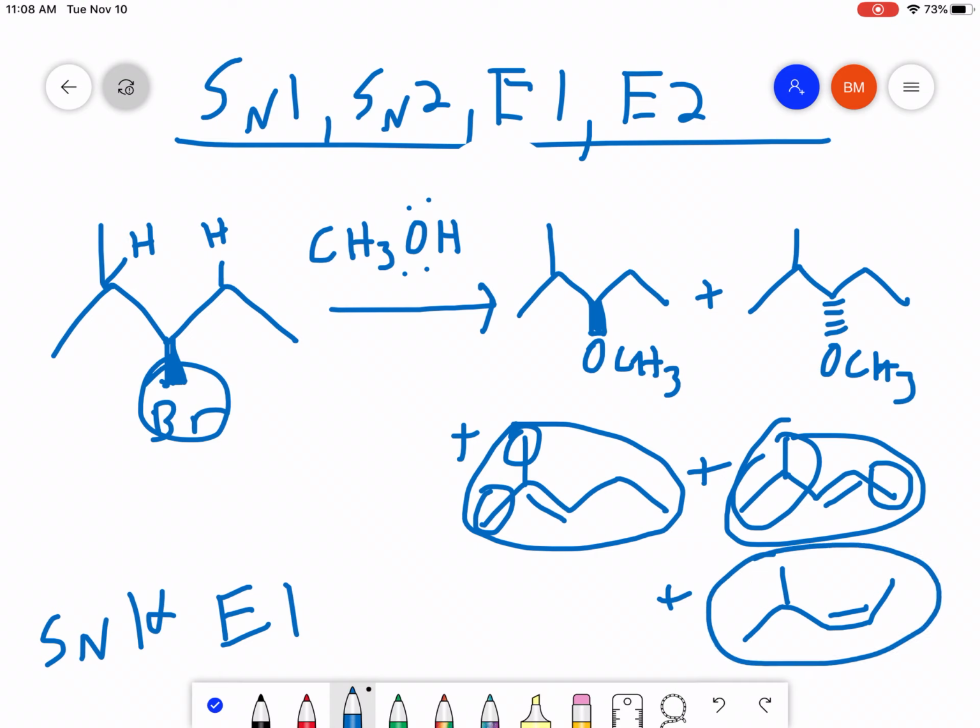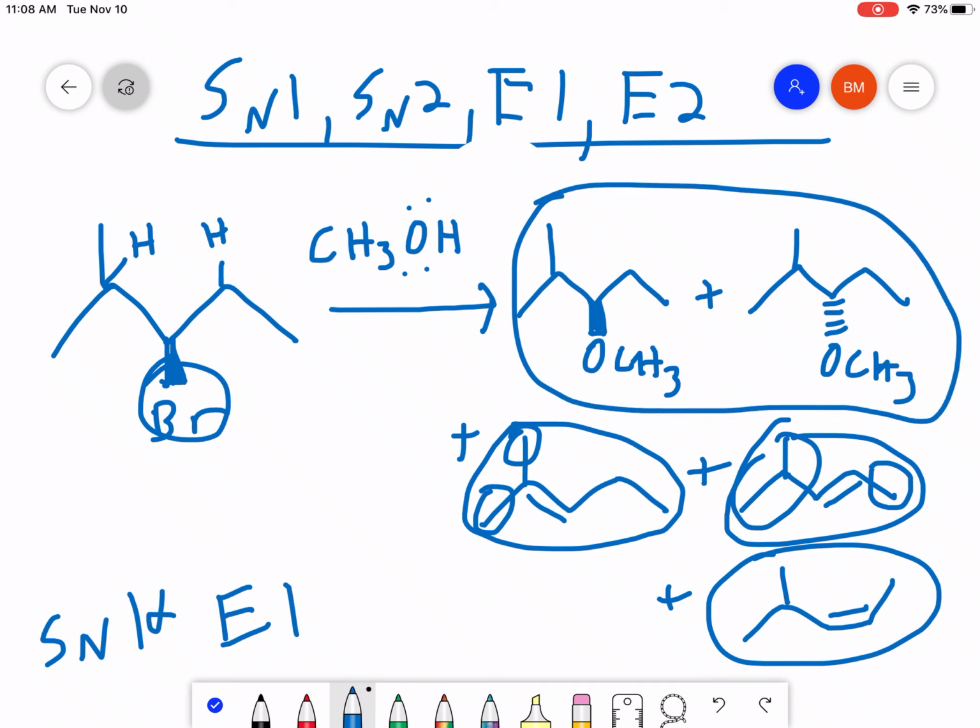So that would be a fifth product that we would need to draw. So yeah, you can see these can kind of balloon a little bit. I don't want to say out of control. This is entirely manageable, but it can definitely get complex within a given molecule fairly quickly. All right. But again, just trust the system, trust the process, and you should be able to figure out what you have.